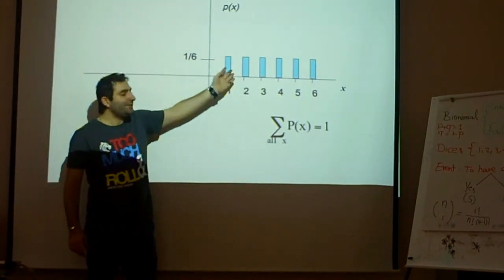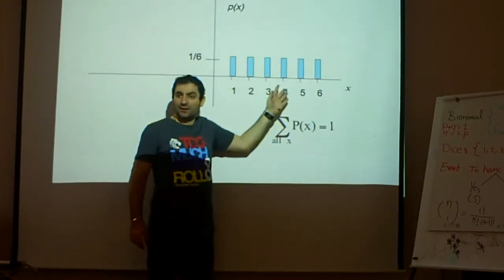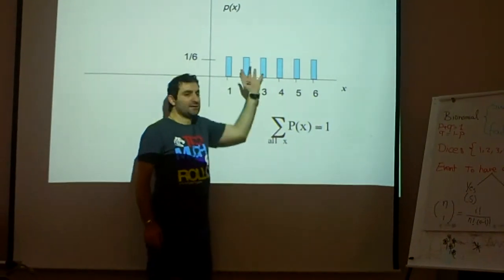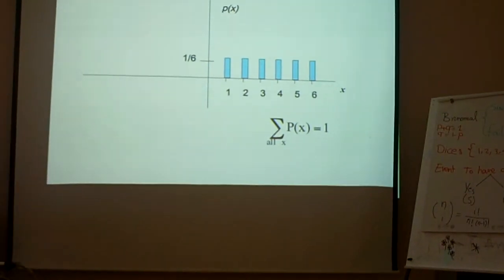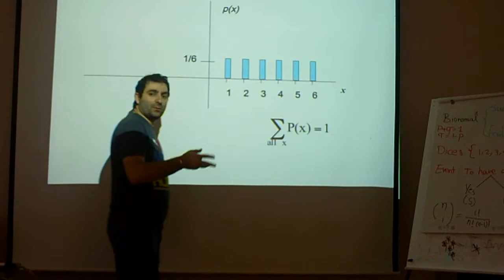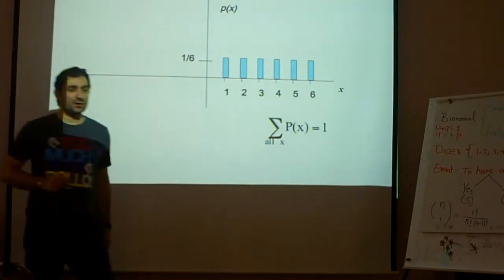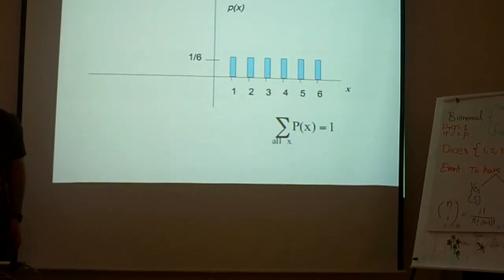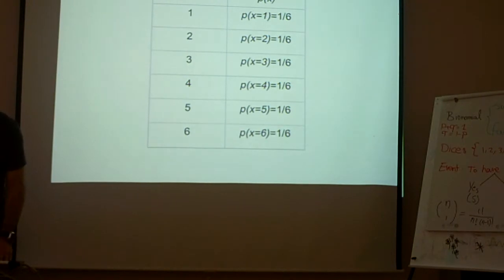Yes, even if it is biased, in other words, the probability of having 3 maybe is 3 times more than the other ones, the summation of all is still 1. Because if this increases, it means the other ones will decrease. The summation of the whole probabilities cannot become more than 1. Remember, no matter if it is biased or unbiased, all of them are disjoint. In other words, if 3 happens, 2 cannot be happening. Here you see the tabular form of these probability mass functions for the die.